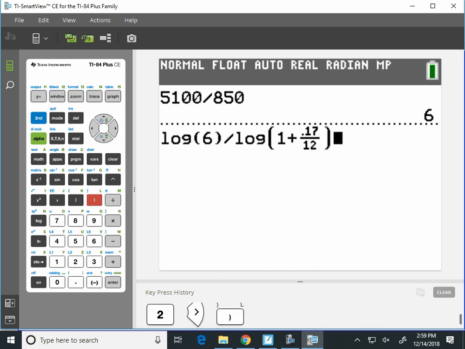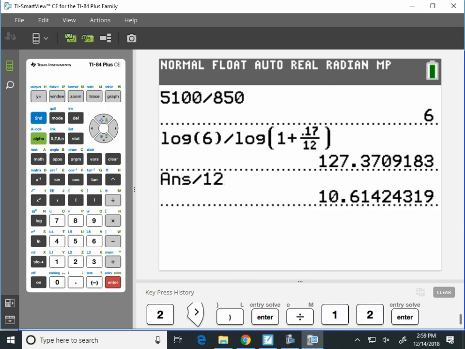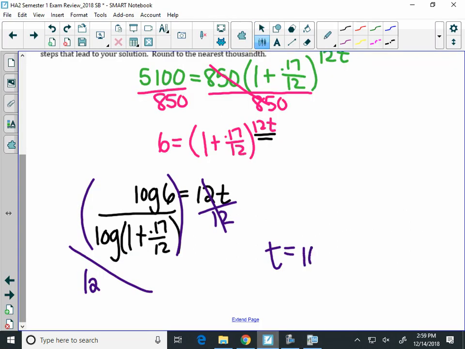Now you can hit enter, but before you write anything down, you immediately hit divided by 12. That is going to be the time. It would take 10 years of not paying your credit card bill to accumulate a debt of $5,100.